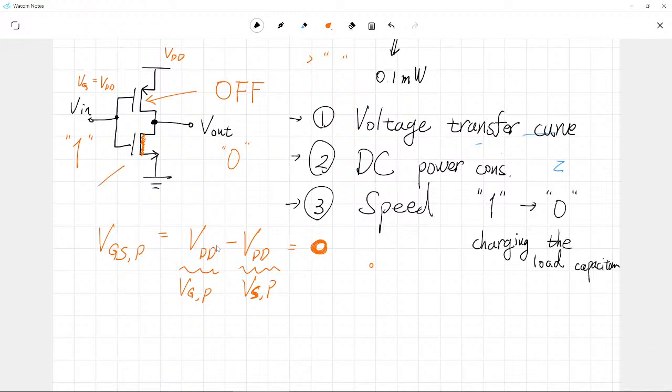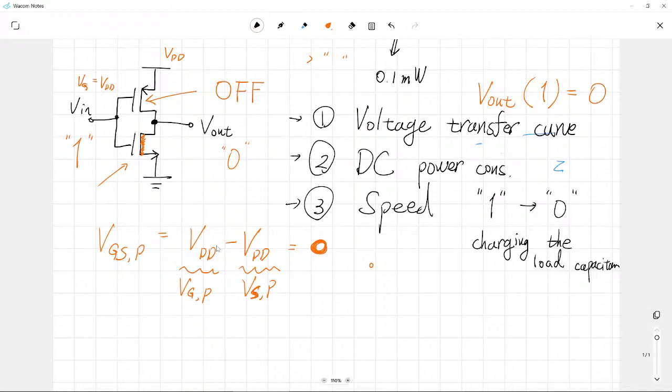We have to make a relative comparison between our NMOSFET and PMOSFET. When the PMOSFET is turned off, it can provide much higher resistance than a normal resistor. So that's the reason why, when you make a comparison, the NMOSFET has greatly higher conductance than the PMOSFET. So we can be certain that the output voltage when input equals 1 is exactly equal to 0.